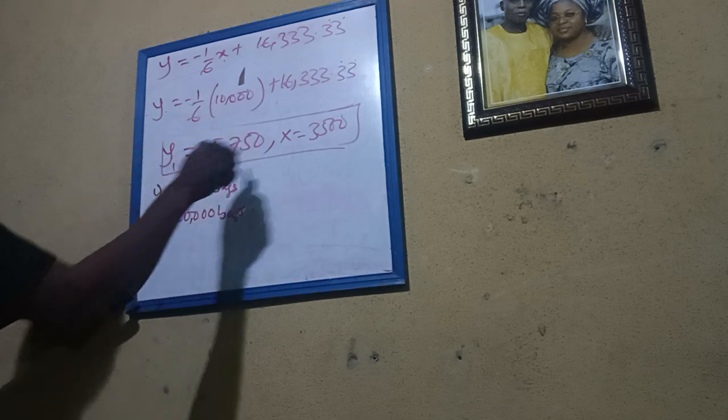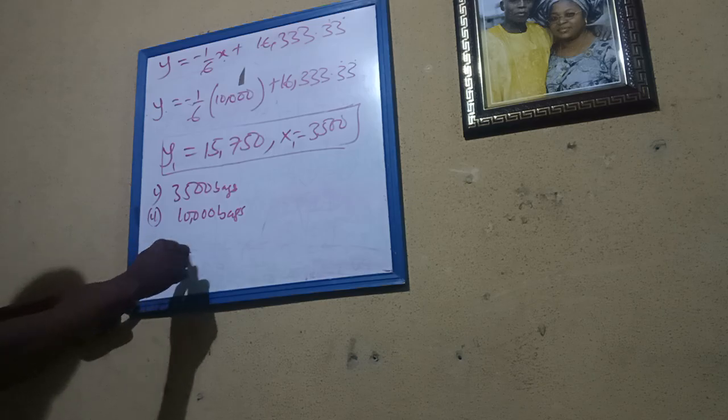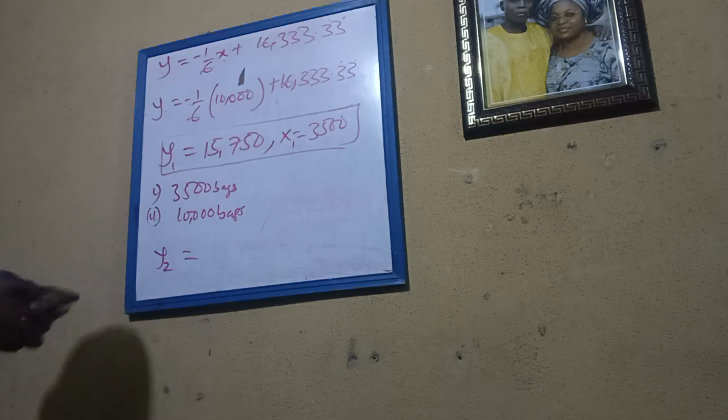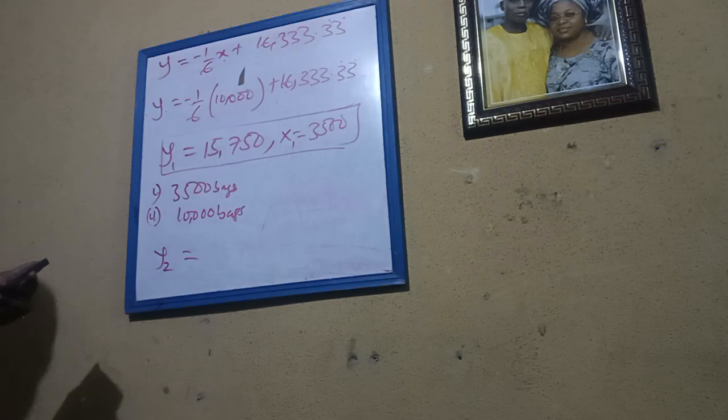So that was for the 3,005, and for the 10,000 I'll be having this now. Let me quickly say minus 10,000 divided by 6. This is what I got.